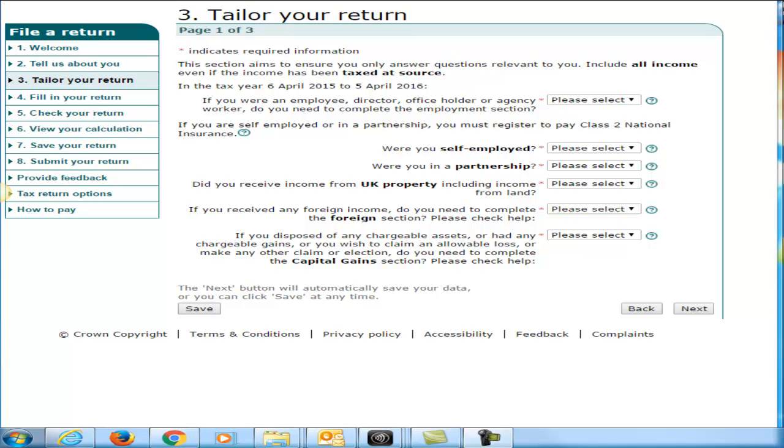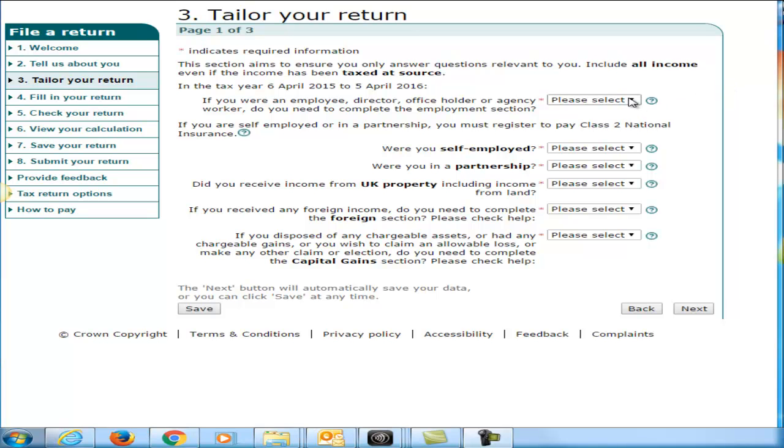So what we're then going to have, we go on to next, and this is the first screen to actually tailor your return. So it looks at all possible sources of taxable income. The first question is always whether you're an employee or a director or an office holder of a company.